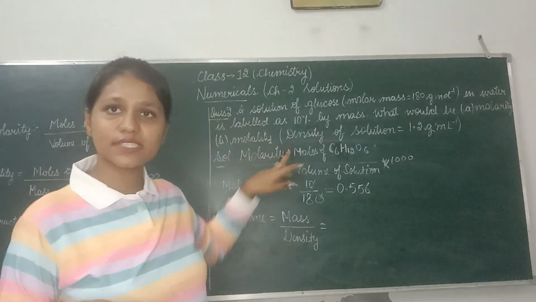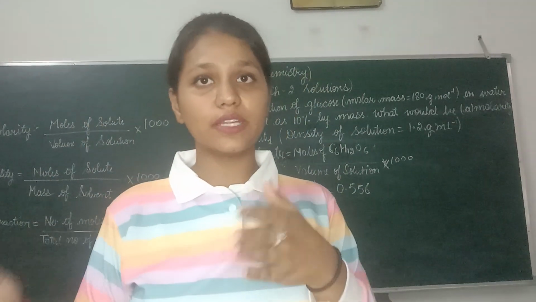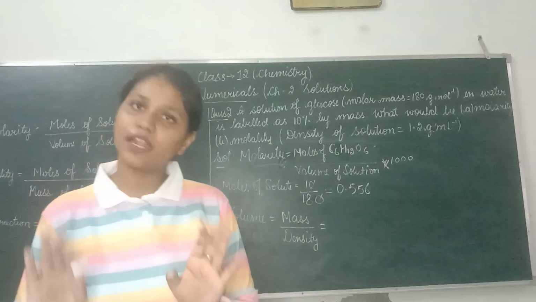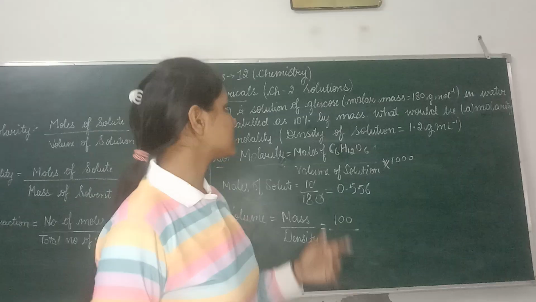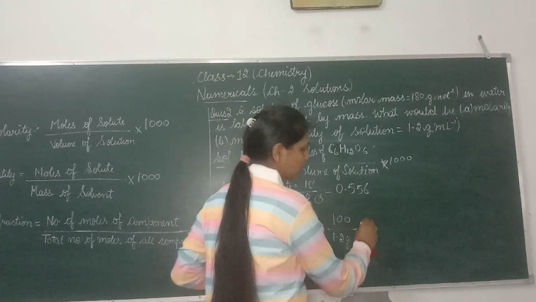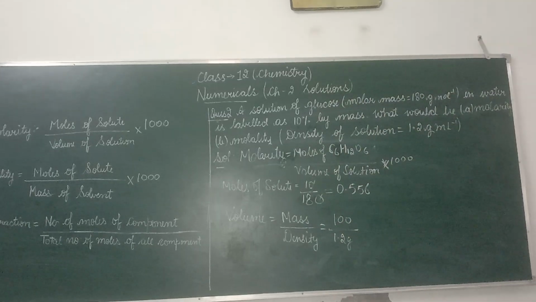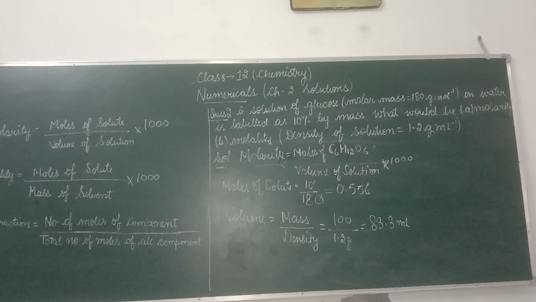Here 10% is the solute and 90% is the solvent, so the total mass will be 100. The density here is given to be 1.2 grams. By solving these equations, we calculate that the volume is 83.3.